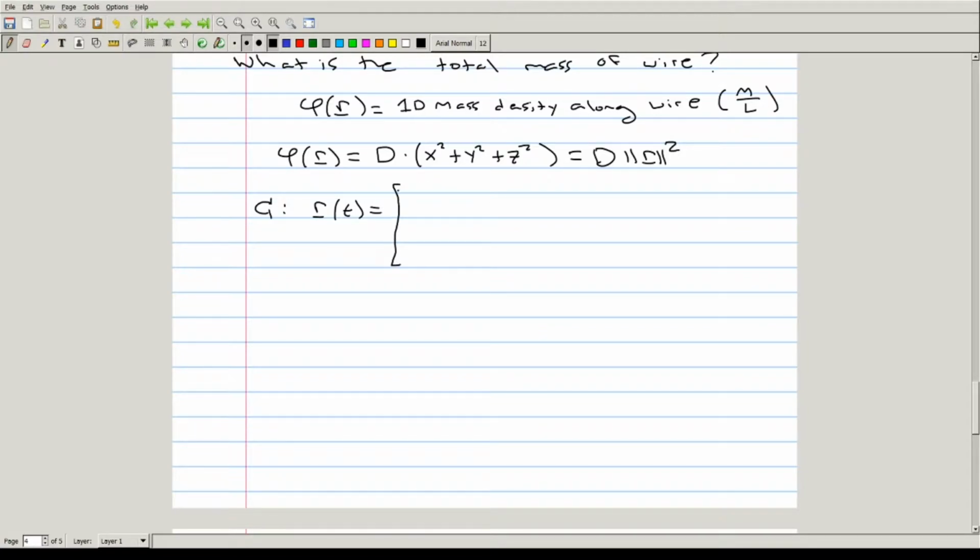The helix with a radius of r and then a growth rate in the z direction of a. You remember that this was the correct way to parameterize the helix.